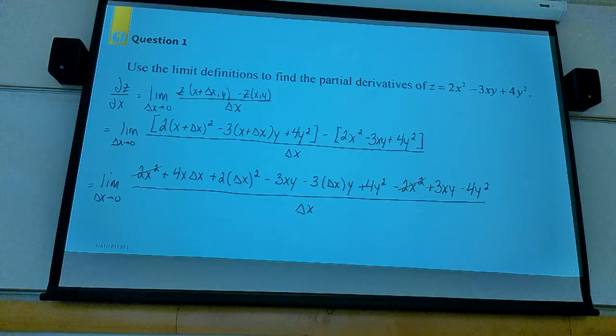Plus 2x squared or minus 2x squared. That's nice. A minus 3xy and a plus 3xy. A plus 4y squared, a minus 4y squared. Look at all the terms that we're left with now in the numerator. They all have a delta x in common, right? Factor it out.